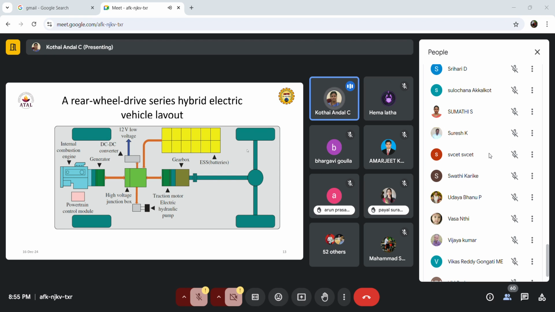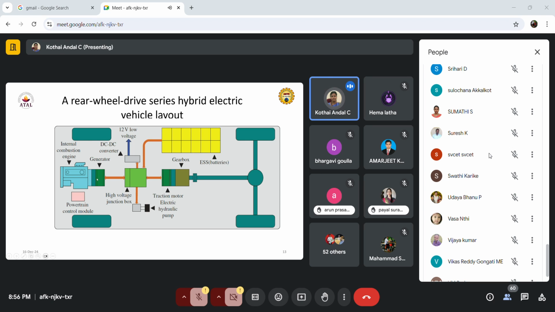Here the vehicle propulsion can be driven either by the IC engine or by the battery. The IC genset is there, along with the powertrain, which is the power electronics controllers. The engine drives the generator. If we fuel the IC engine, the generator is connected and will charge the battery, which will drive the motor.